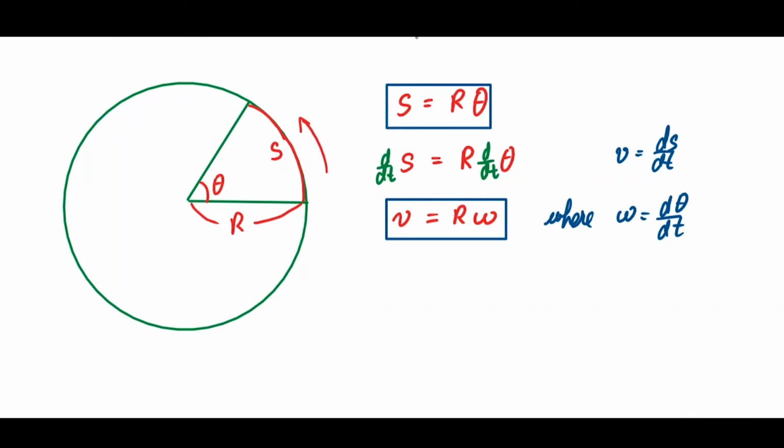Now, what happens if you take another derivative on the side? Actually, hold on, I'm going to go back to the original. So here's S, and then here is theta. What happens if you take a second derivative of this thing with respect to time?